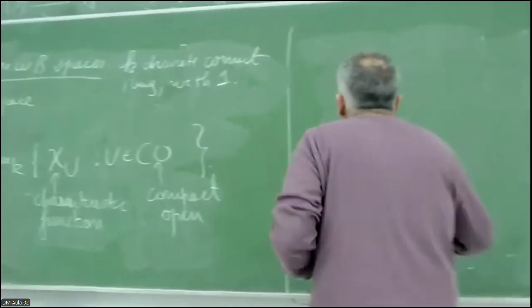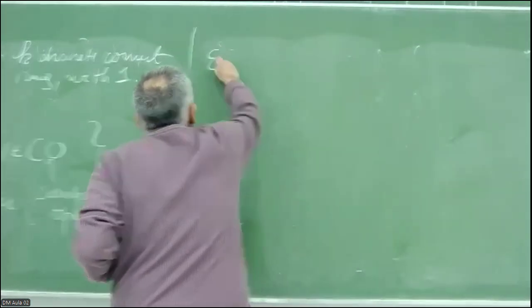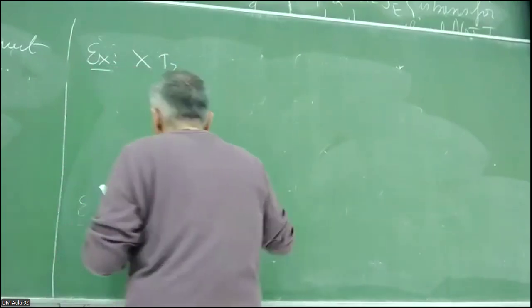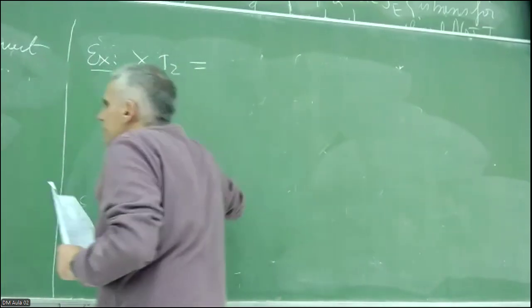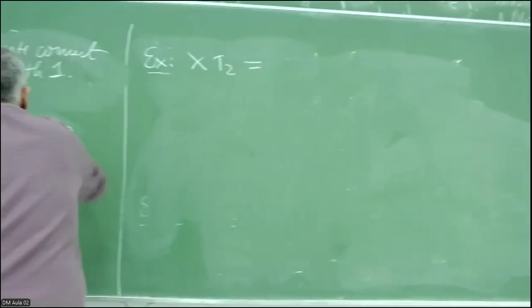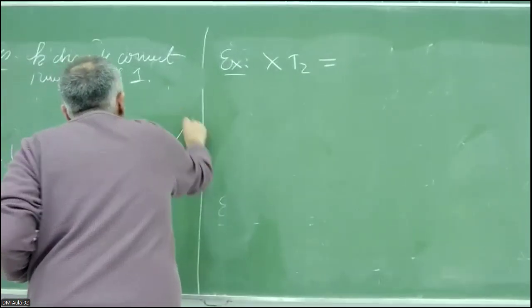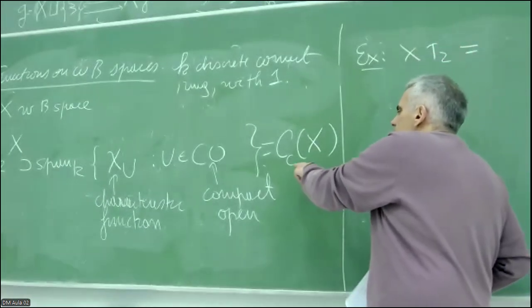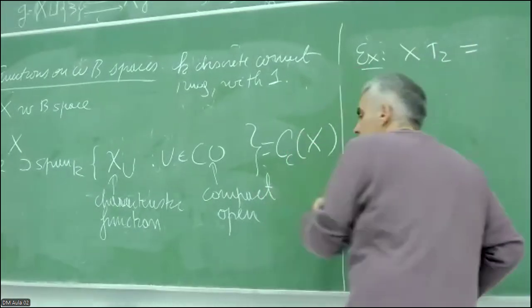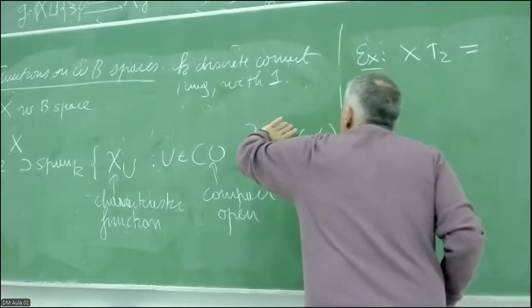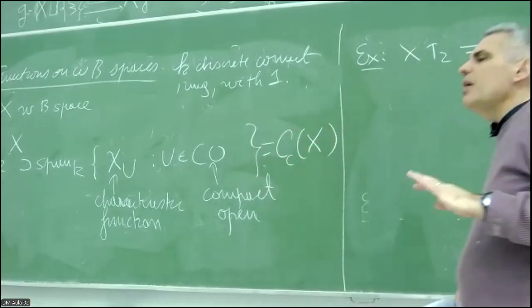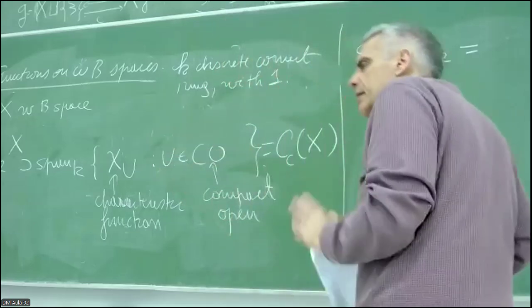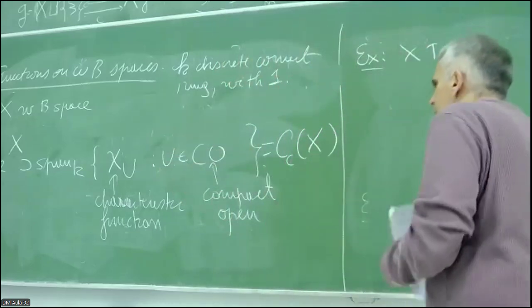So, for example, if X is T2, then this set I will call C_c(X). This little c stands for compactly supported, and the big C should mean continuous, but there's a caveat with this.